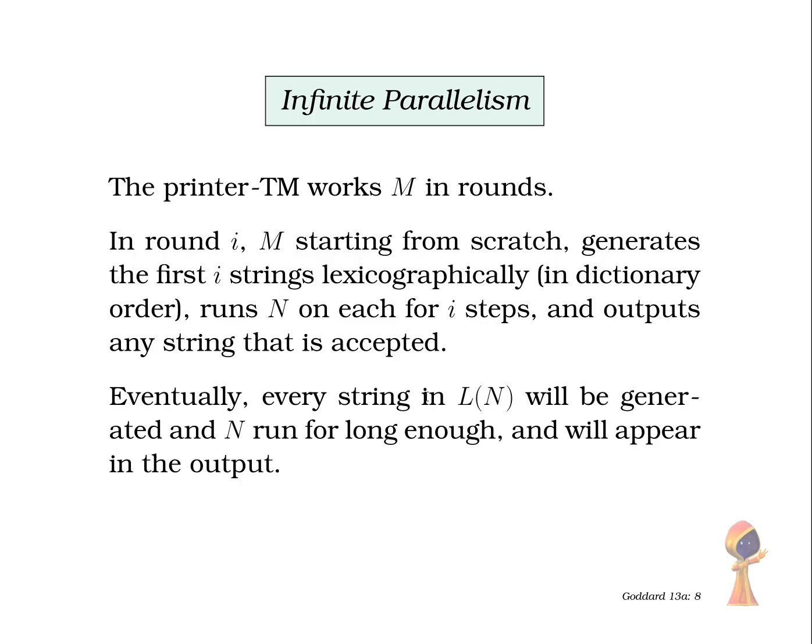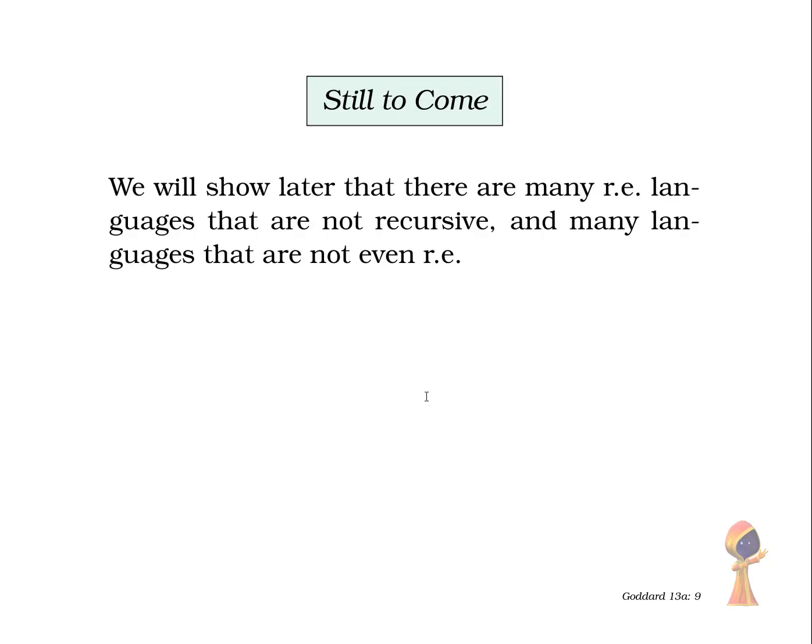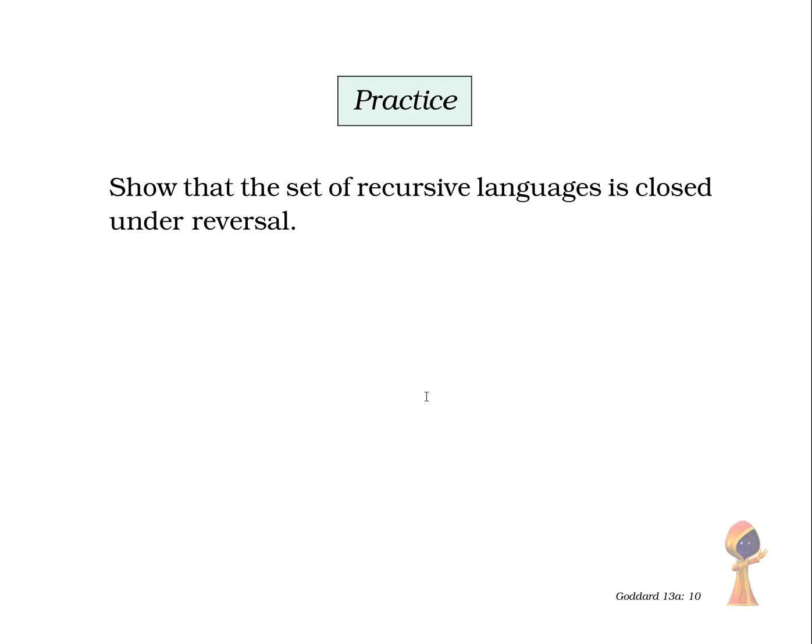Now we've talked about a lot of things, but there are many languages which are not recursive, and even languages which are not even recursively enumerable. So they don't even have a Turing machine for them. One thing that you can do for practice is show that the set of recursive languages is closed under reversal.